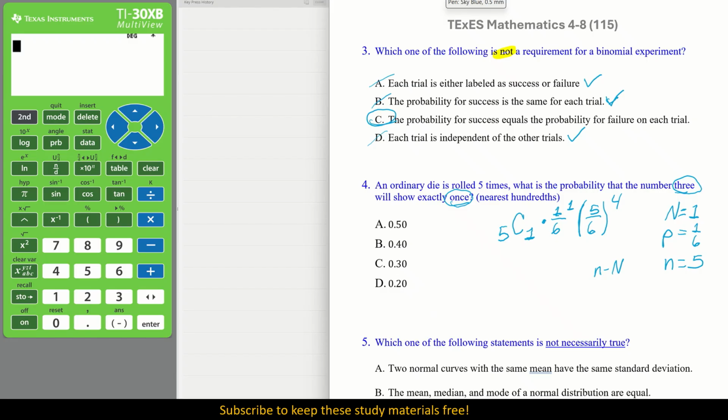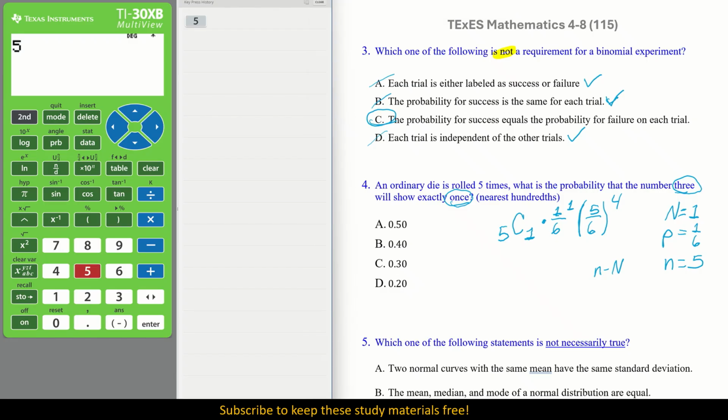So we're going to put all that in the calculator. Type your 5 first, then prob. You want number 2, now 1, and times your fraction 1 out of 6. You've got to arrow all the way over. We don't need anything for the exponent, because all values are an understood exponent of 1, so leave it blank.